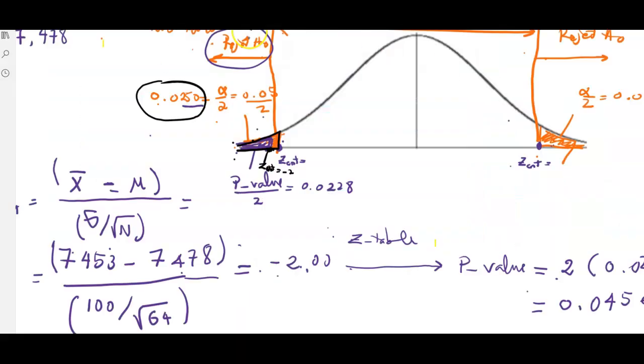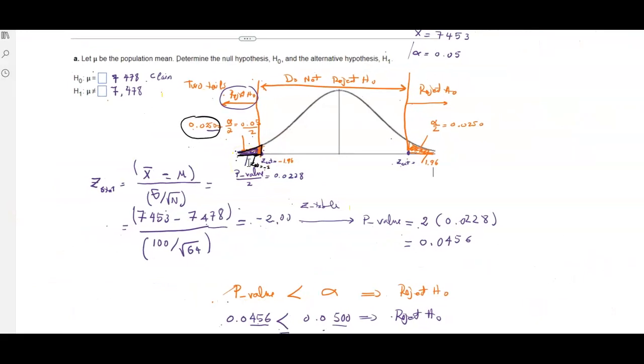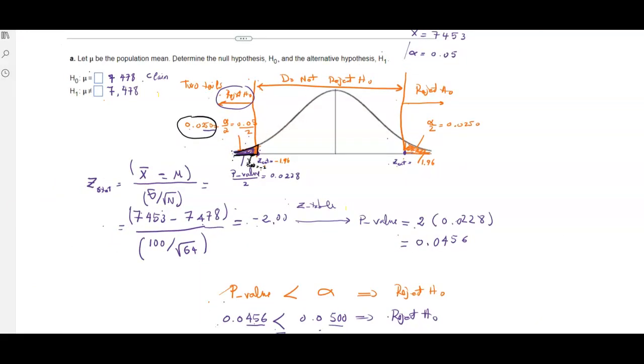Going back, we have two z criticals. One of them is minus 1.96 that we just found. And the other one is symmetrical to it, which is 1.96. Why are we taking both of them? Because we have a two-tail scenario. And how do we know it is a two-tail scenario?